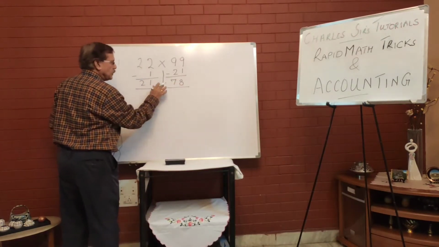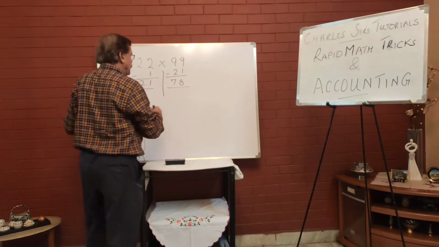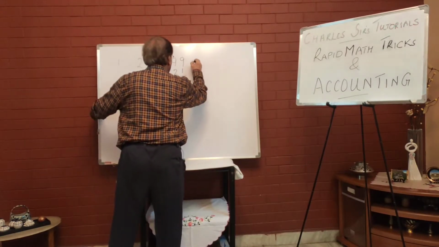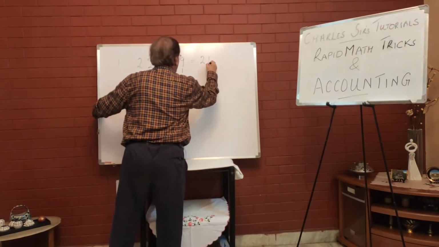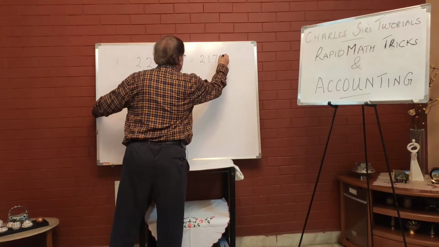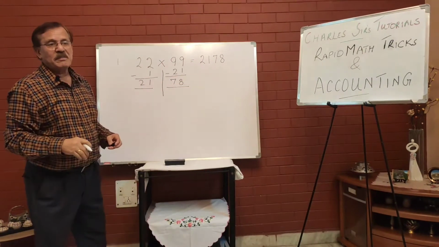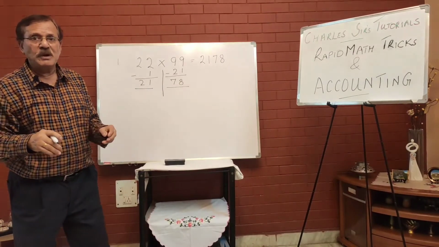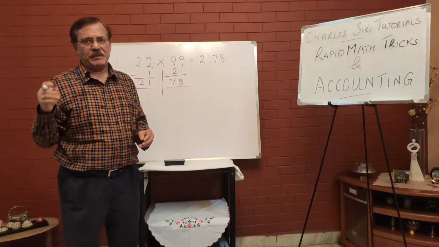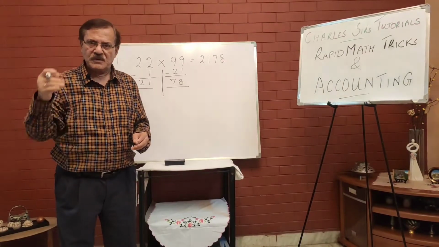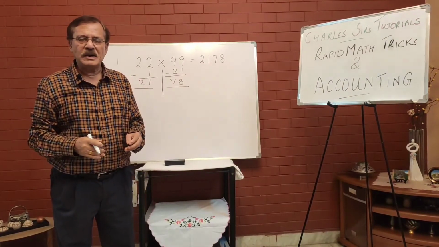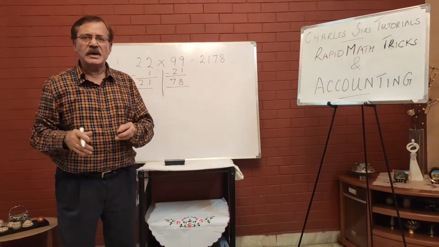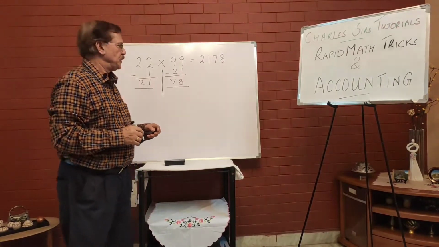The first part of the answer, the second part of the answer, and if you combine them together, you will have 2178. Isn't that easy? Multiplying a 2-digit number by 99. Otherwise, normally what happens, you do the conventional way, and in steps you add it, and finally you add it. But over here in one single horizontal line, you can do this.